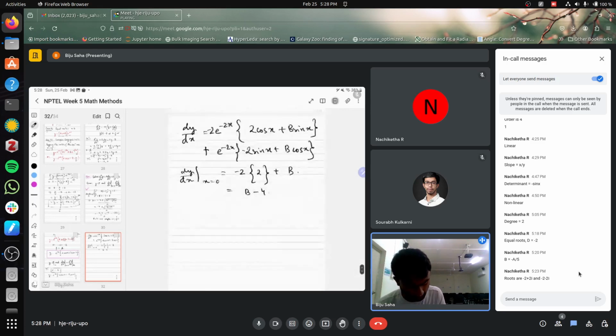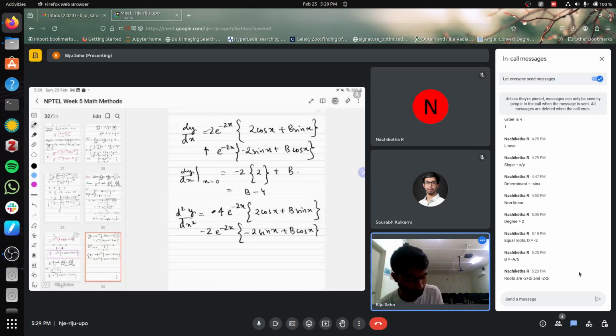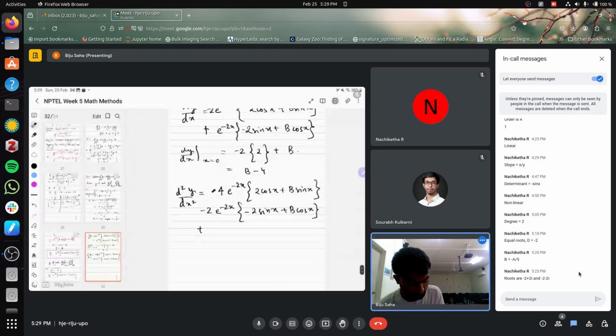So d squared y by dx squared would be plus 4 e to the power minus 2x, and 2 cos x plus b sin x remains as it is, then minus 2x, and here also you have minus.